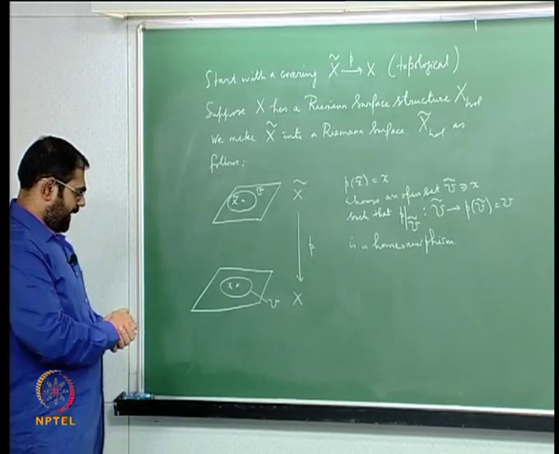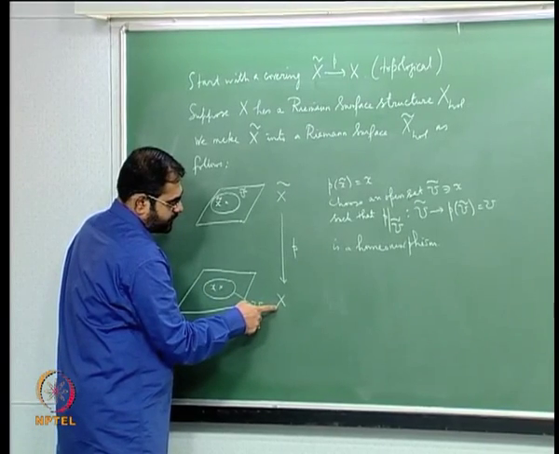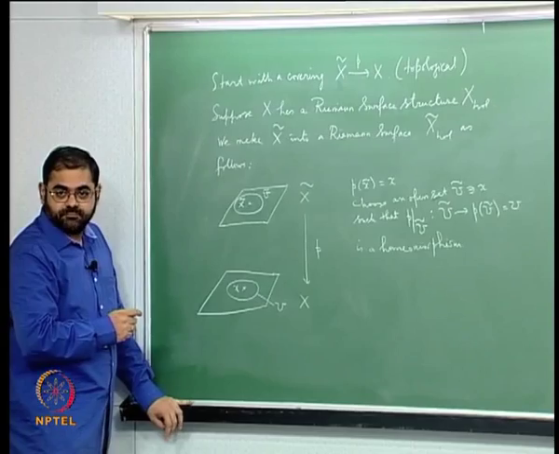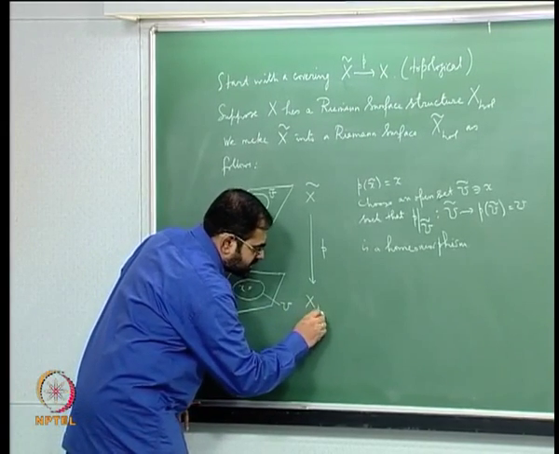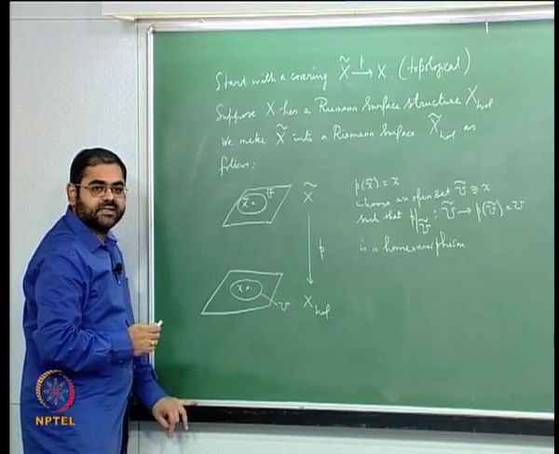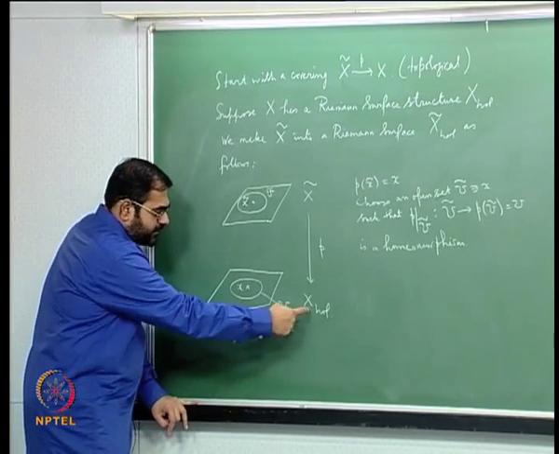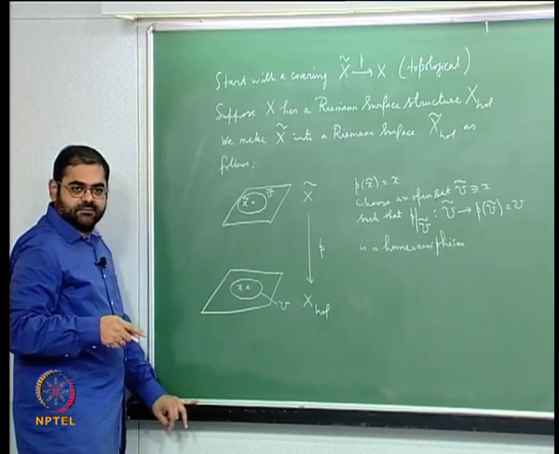Now the space below, x, has a Riemann surface structure. Let me write this as x sub whole, just to tell you that there is a Riemann surface structure below. That means at every point there is a coordinate chart.